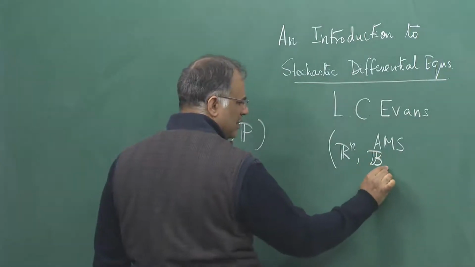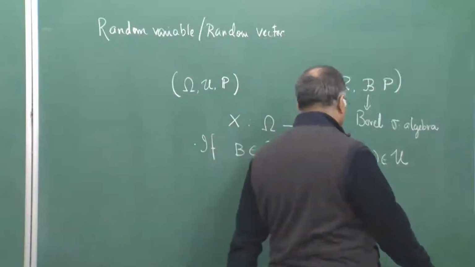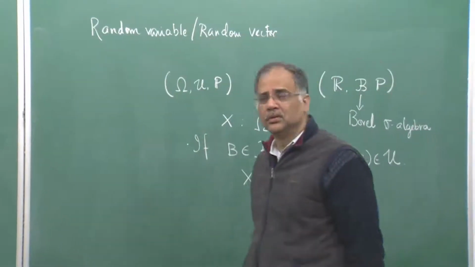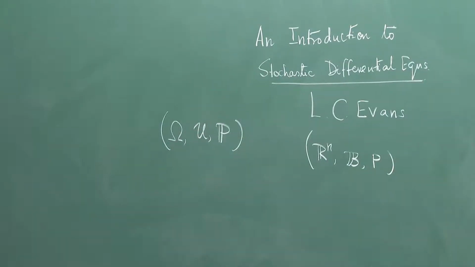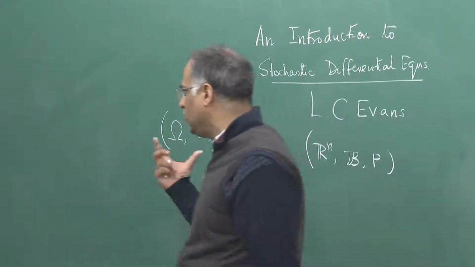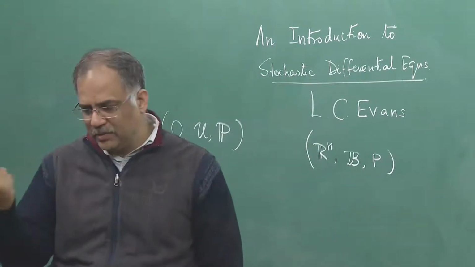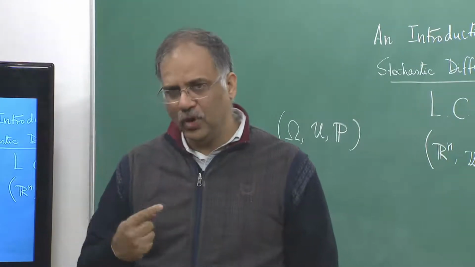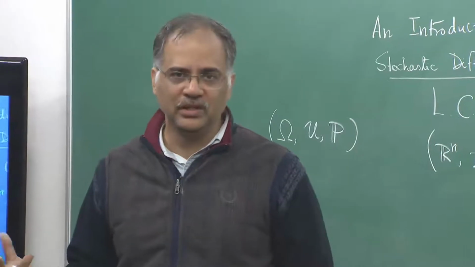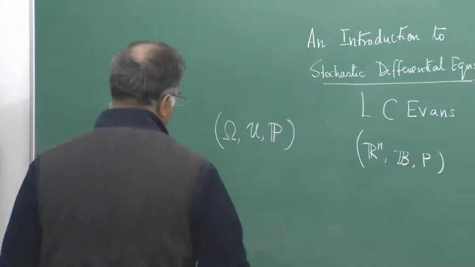Maybe I will just write it like this. This B associated with Rn is the smallest sigma algebra which consists of all open sets in Rn. What is the meaning of smallest sigma algebra? Take any sigma algebra which consists of all open sets. Take the intersection of all possible sigma algebras which consist of all open sets in Rn.